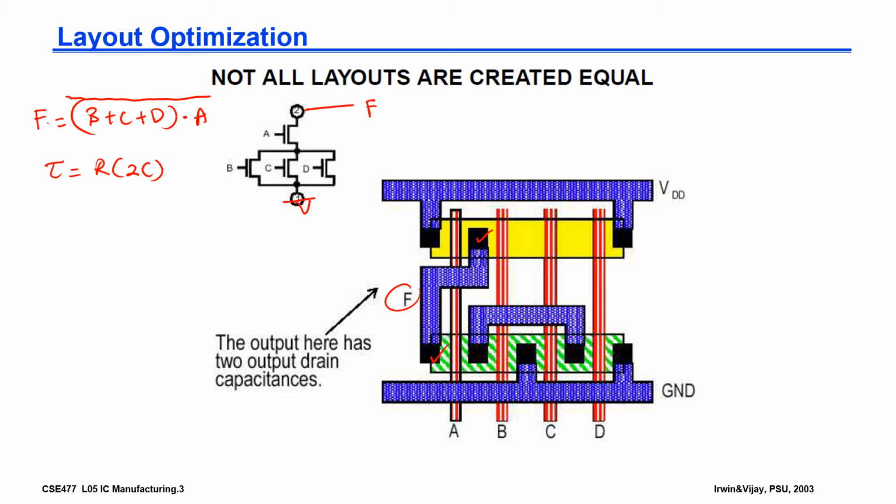So in your lab, in your project, you're going to reduce the output delay. Yeah, okay. So how to check whether this is correct or wrong? If you look at here, the B, C, D are all connected to the ground here.